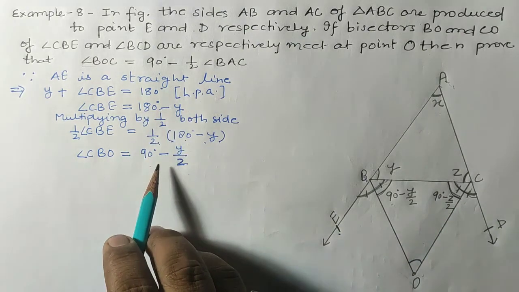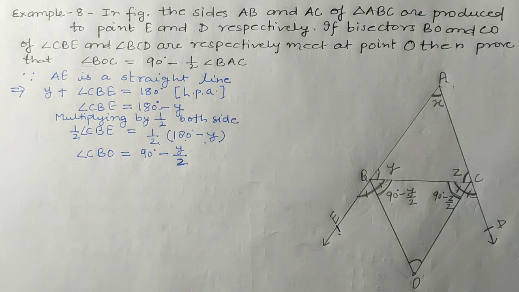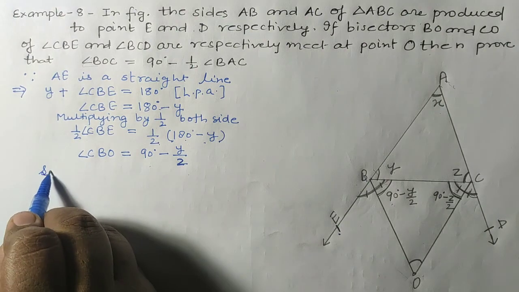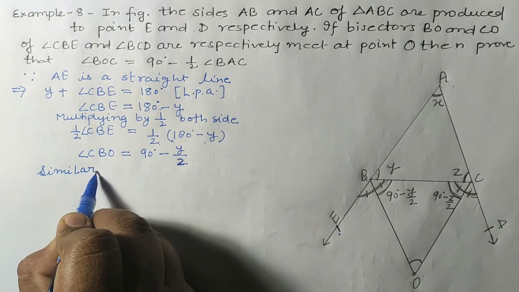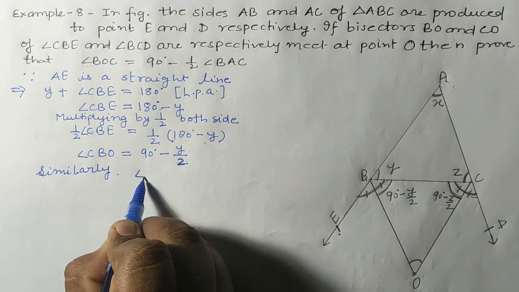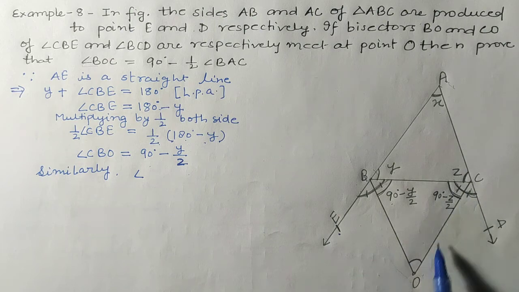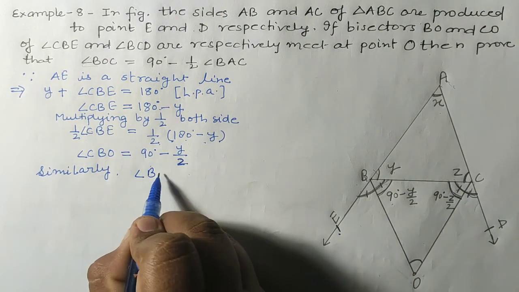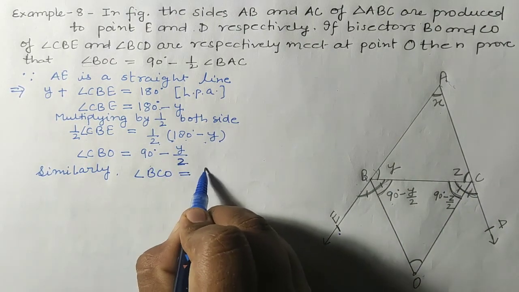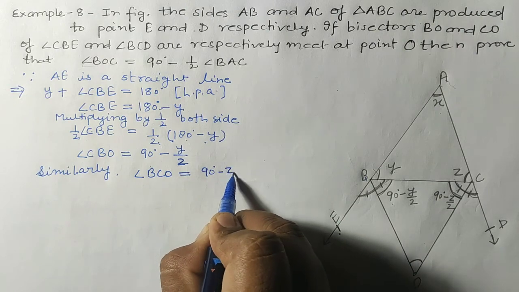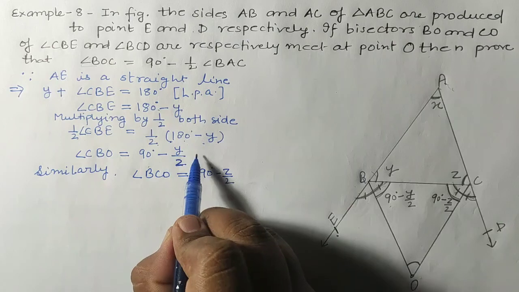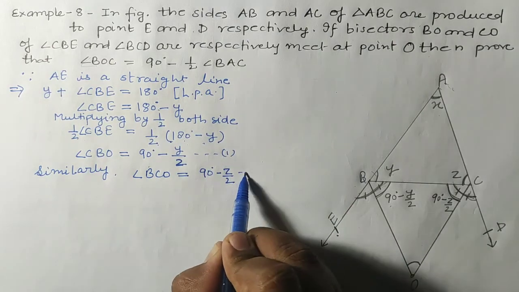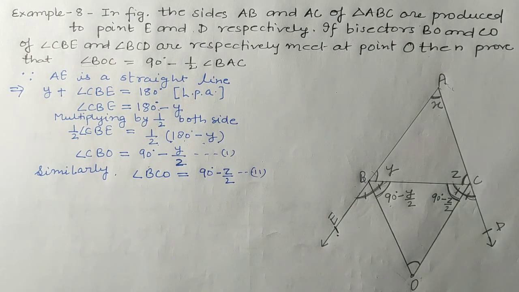So similarly, the angle BCO is 90 degree minus Z by 2. Suppose this is your equation number 1 and this is your equation number 2.